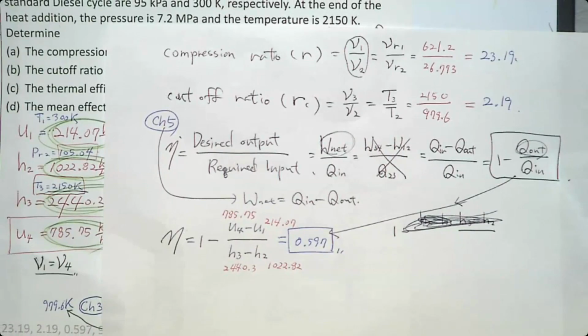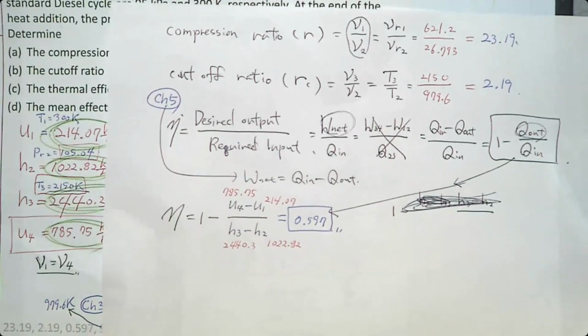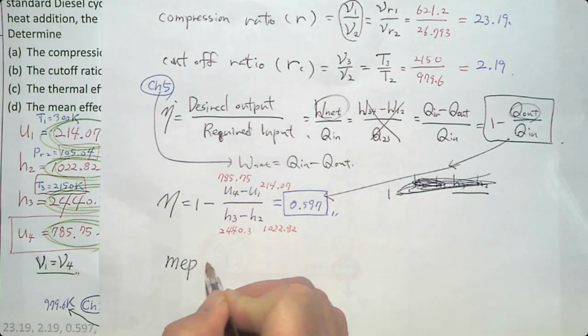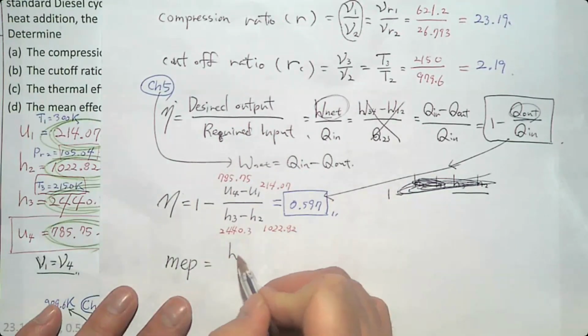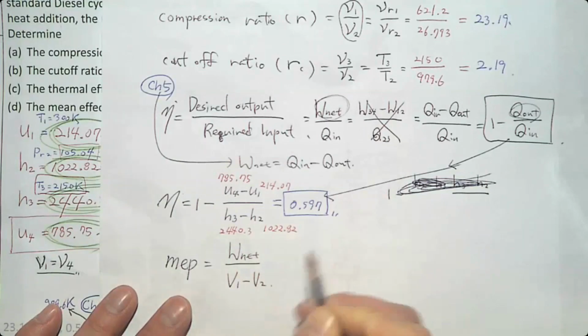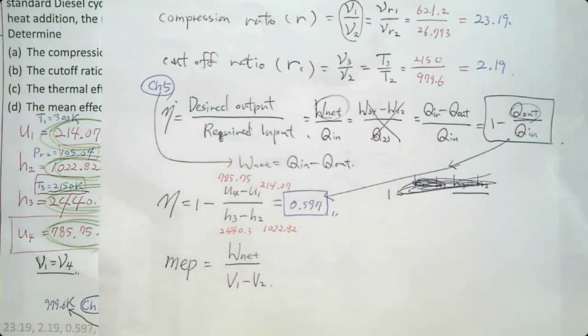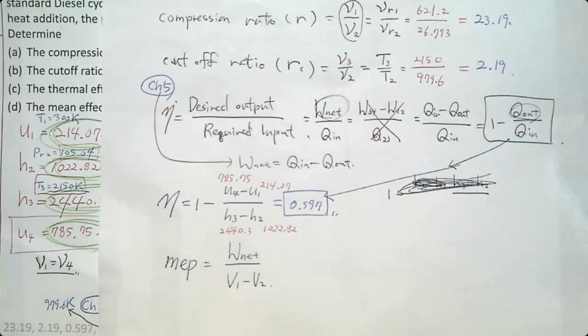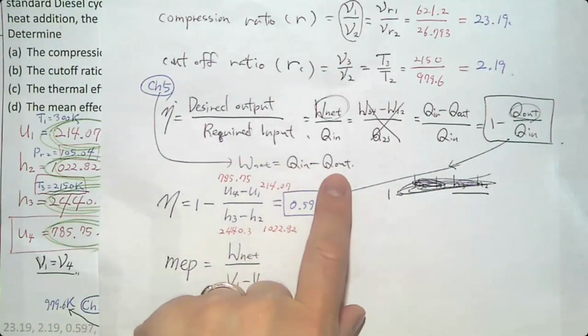The last one is the mean effective pressure. The mean effective pressure can be determined by W net divided by V1 minus V2. Finding W net is not a problem. That W net is going to be Q in minus Q out.